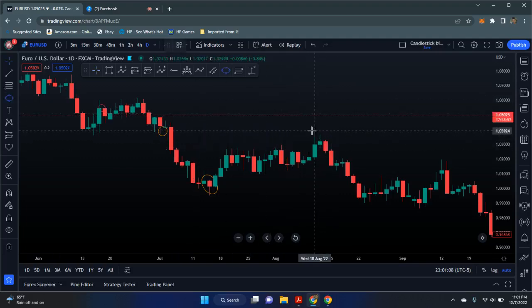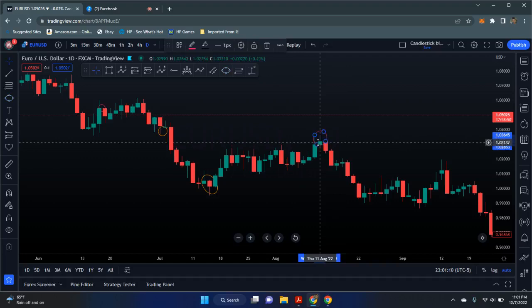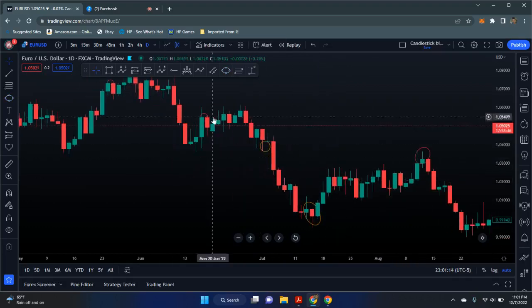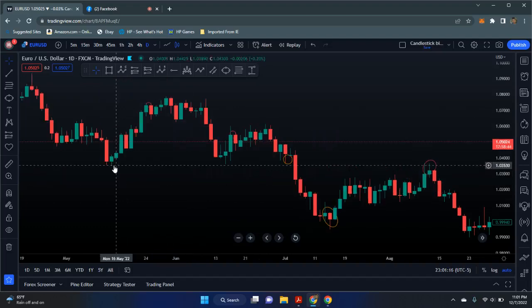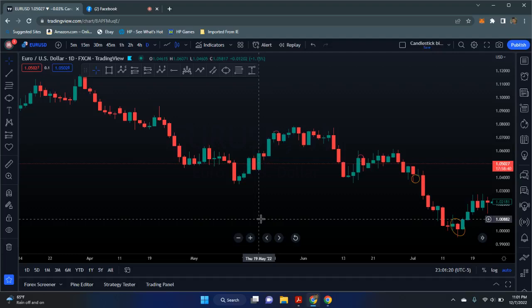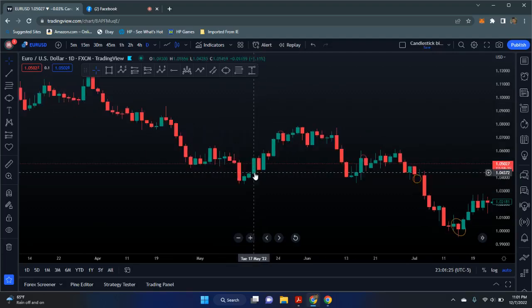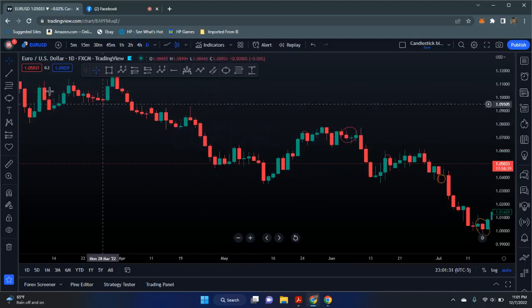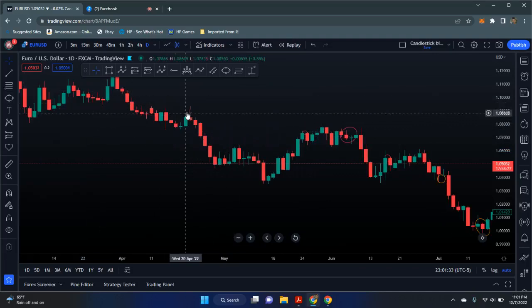Kind of like this too. This is also an evening star, this whole pattern right here. I guess this can be one. Oh yeah, this is a good one right here too.